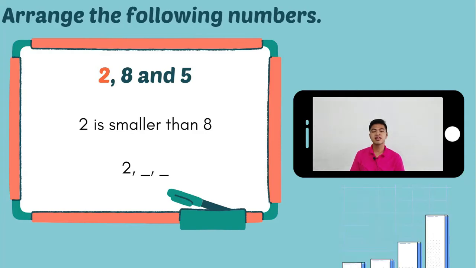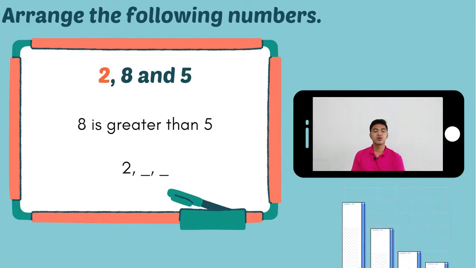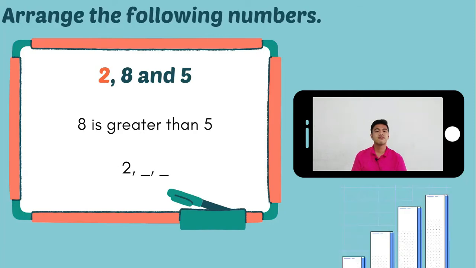So 2 first and then the remaining numbers will be 8 and 5. Okay, so let's compare 8 and 5. Is 8 bigger than 5 or is it smaller than 5? Okay, to find it out, let's go. Okay, so we found out that 8 is greater than 5. And since 8 is greater than 5, we're going to write 5 first because we are arranging it from the smallest to the biggest.